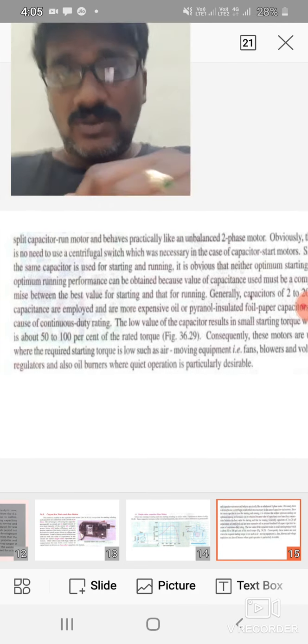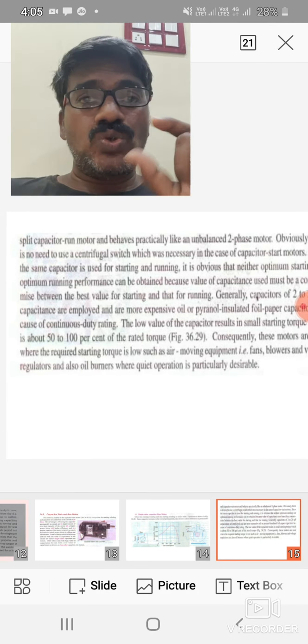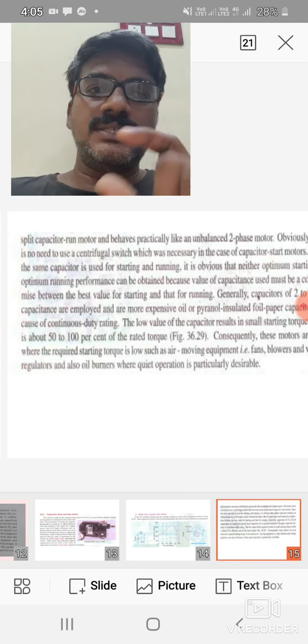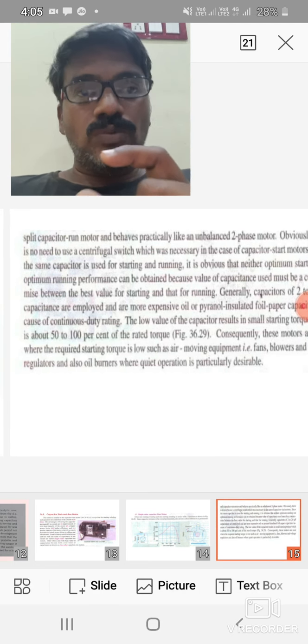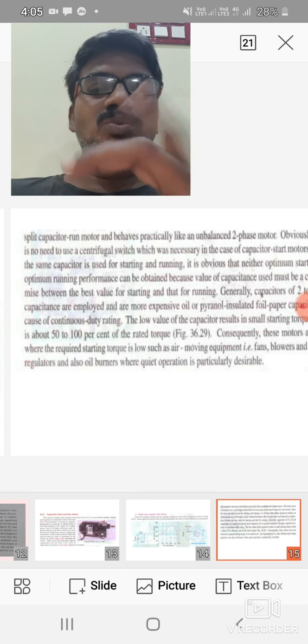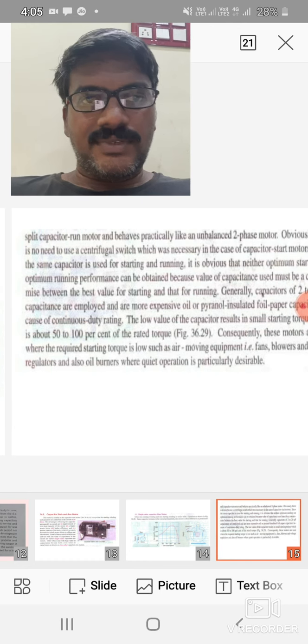So the only basic drawback is we have to choose the capacitor in such a way that it is suitable for both starting and running, right?